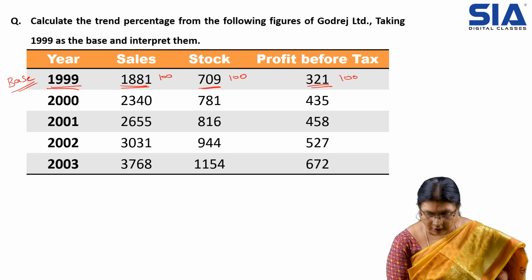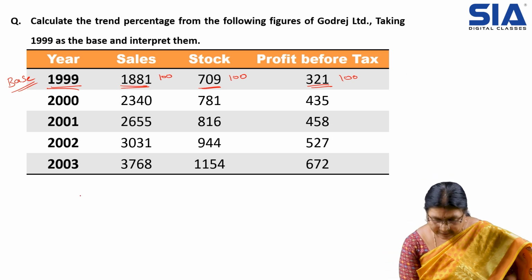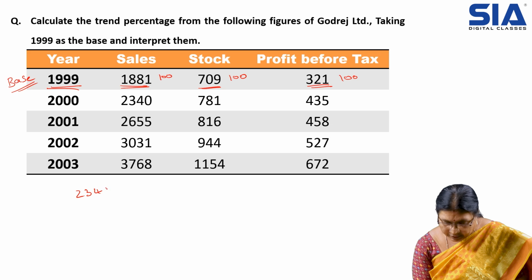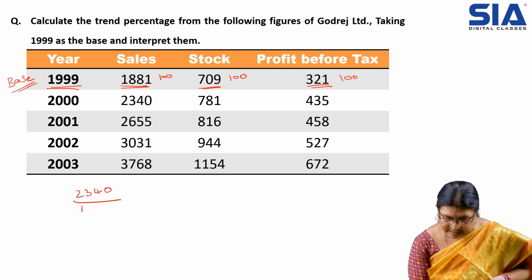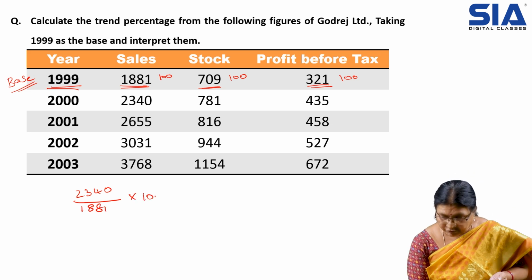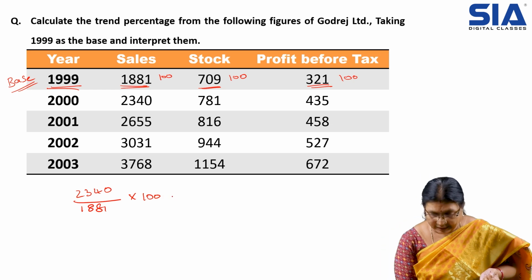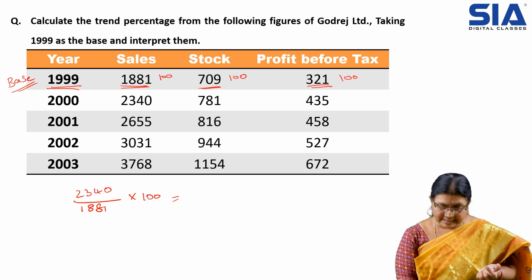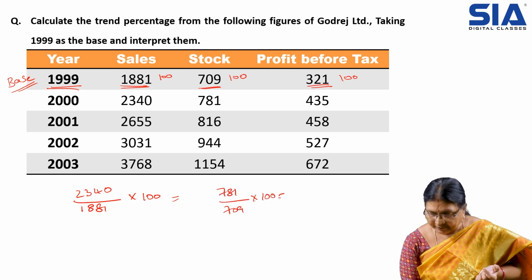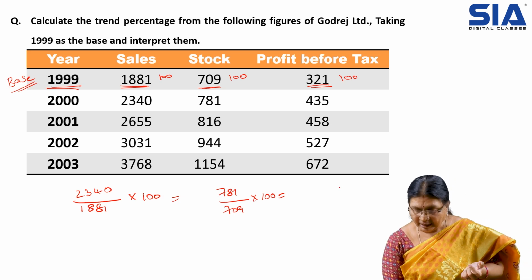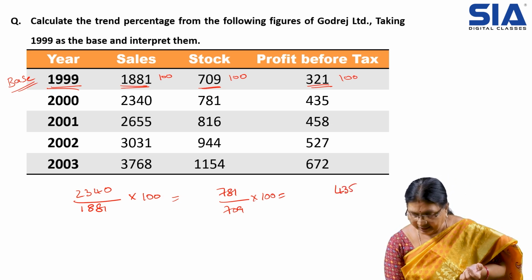For the year 2000, sales will be 2340, that is the current year, divided by the first year, that is the base 1881, and we want it in terms of percentage, so we multiply with 100. In the same way for stock, 781 by 709 into 100. And for profit, 435 divided by 321 into 100.